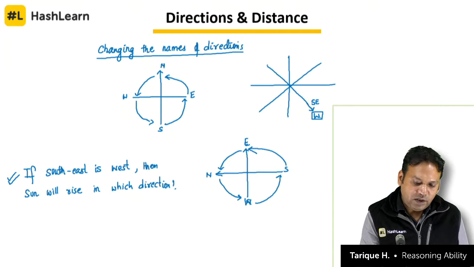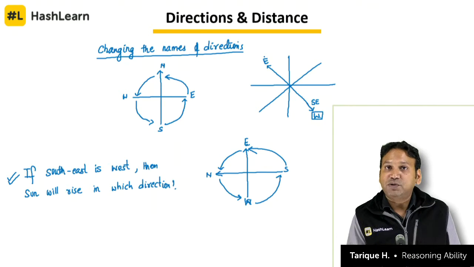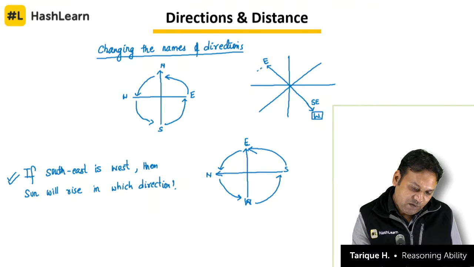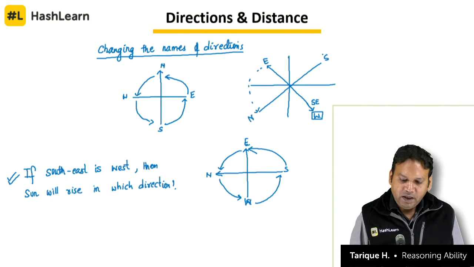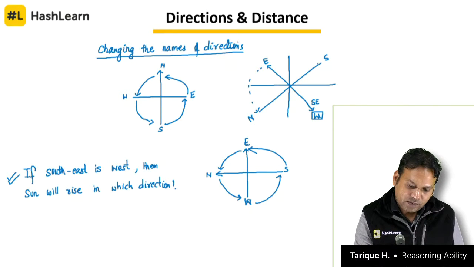If this is west, then the opposite direction should be east. Clear? Opposite of west is east. From east, when we go anti-clockwise 90 degrees, we should get north. So this will be south. Clear? If this is west, this is south. You see, this is south, this is west, so this will be southwest.